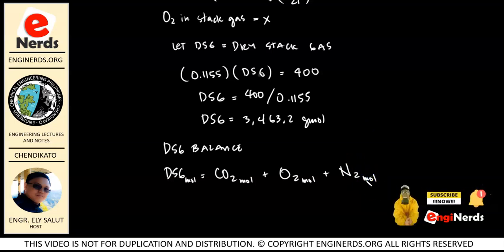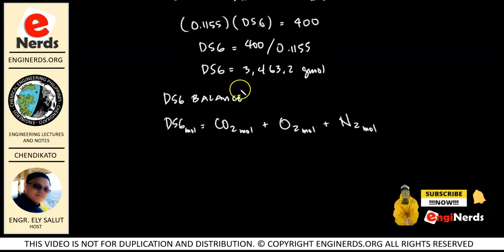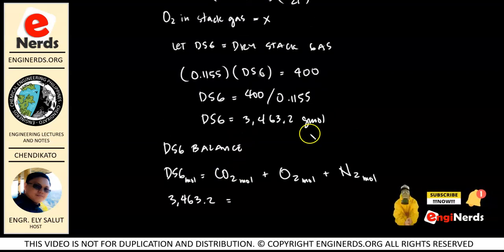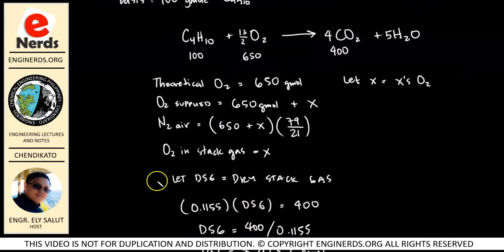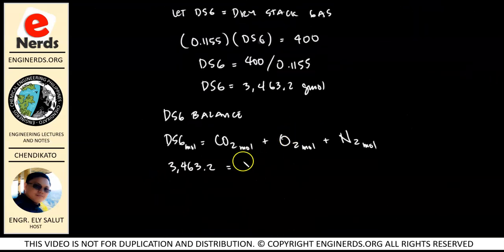Right? So, we know that our DSG is equal to 3,463.2. The number of gram mole of our CO2 is equal to 400. We already wrote that here. So, 400 plus our O2 in our stack gas, this is our excess O2 and we assigned X for that.